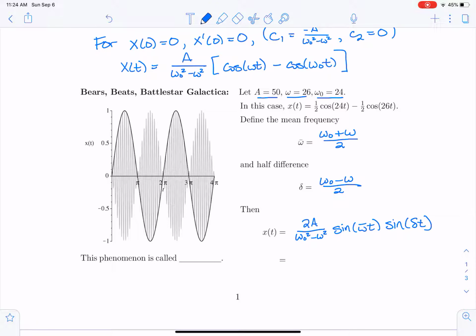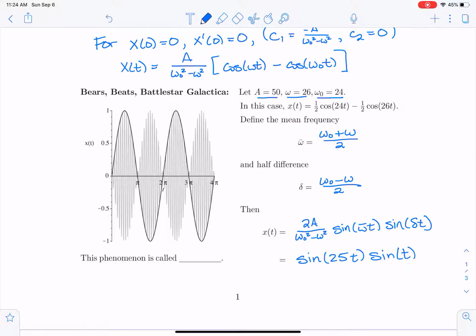Well, in this case, we get that 2a over omega 0 squared minus omega squared is actually equal to 1. So we're left with sine of omega bar t, so sine of 25t, times the sine of t. And so what you see is a fast oscillation multiplied by a slower oscillation.